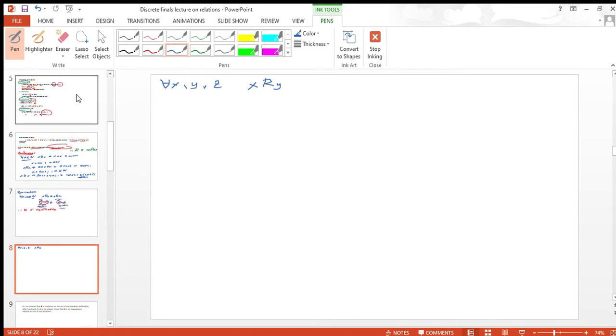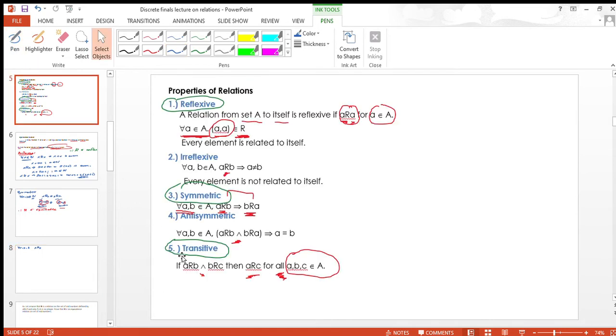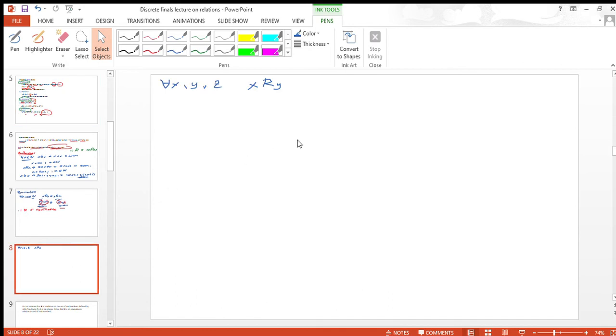Okay, balik kayo dun sa reflexive. Transitive, I mean. Transitive, so you use and. Okay, so you have x R y, and y R z must imply that you have x R z.